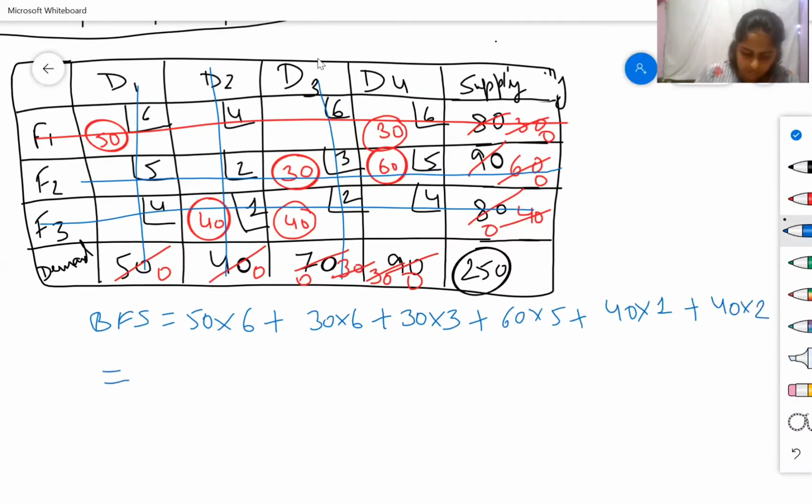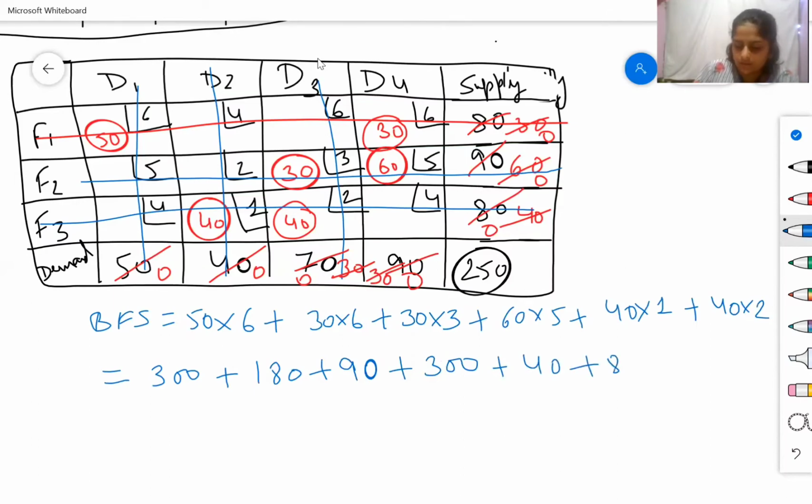After multiplication, we'll get 300 plus 180 plus 90 plus 300 plus 40 plus 80.